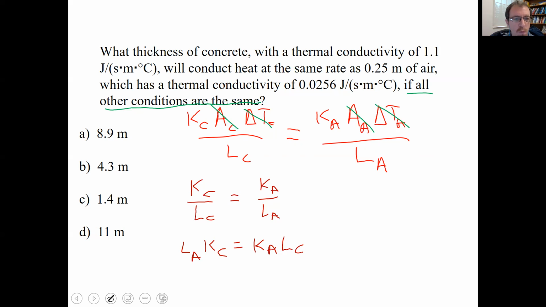And now I want to solve for the thickness of the concrete. So I divide both sides by the thermal conductivity of air, and I will end up with L concrete is equal to L air times k concrete over k air.